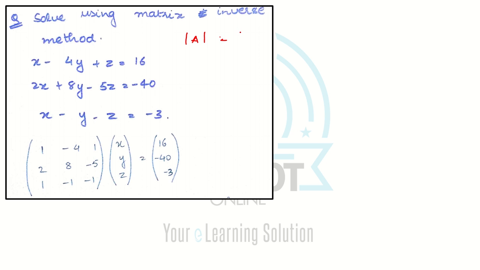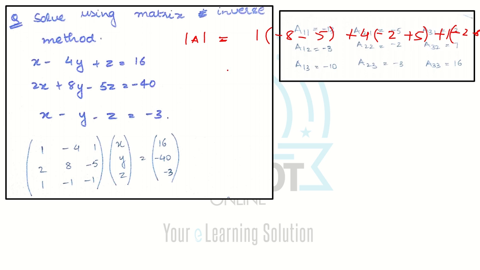So you calculate the determinant, which in this case is going to be 1 into -8 minus 5, minus plus 4 essentially is e into minus 2 plus 5, plus 1 into minus 2 minus 8.